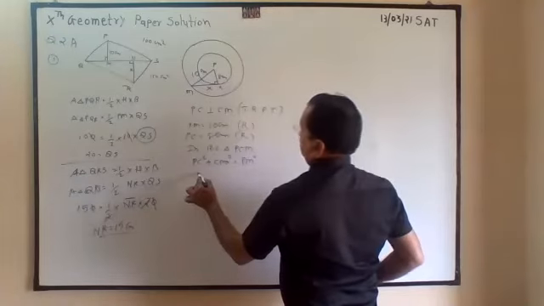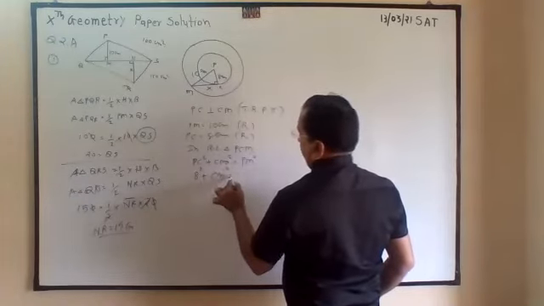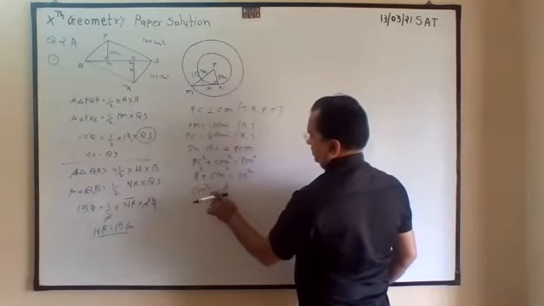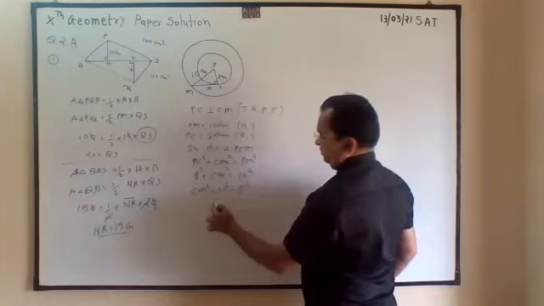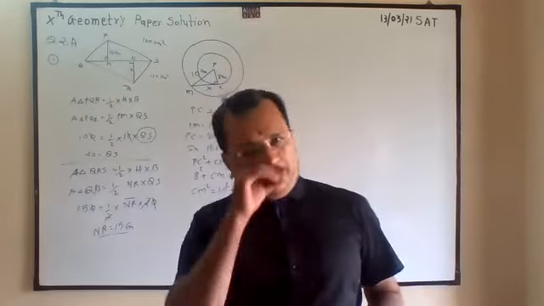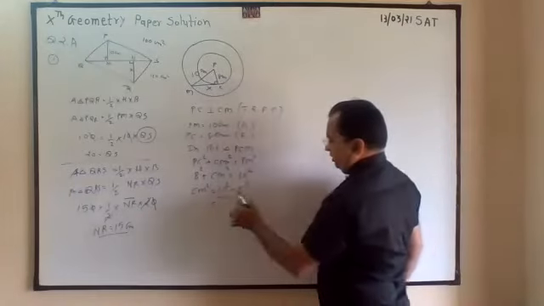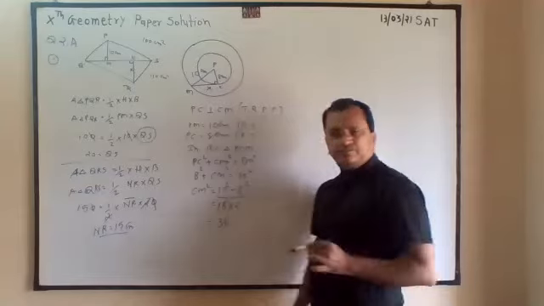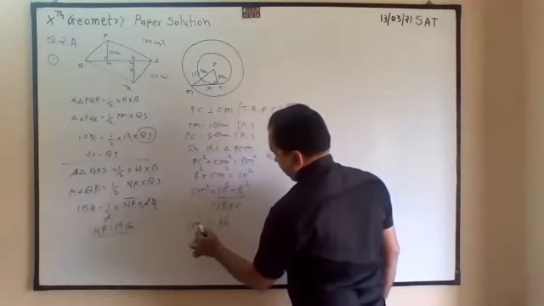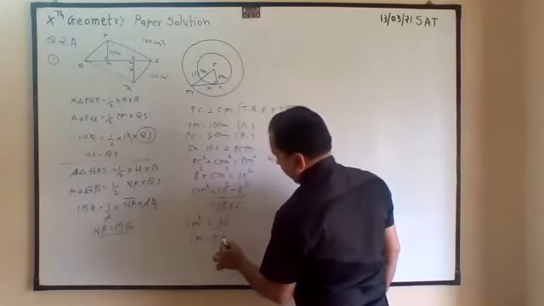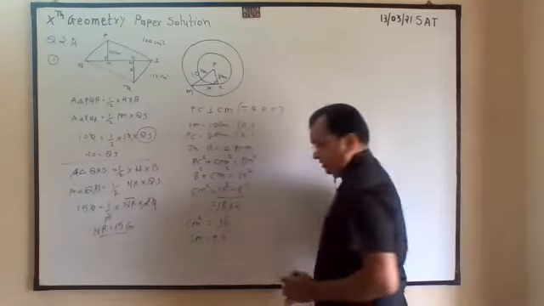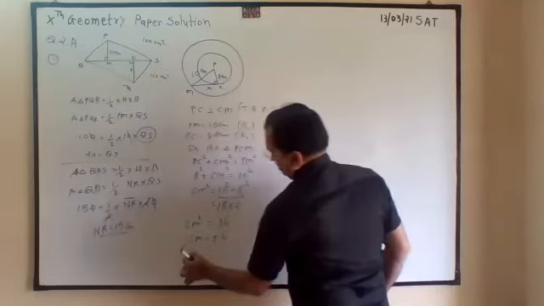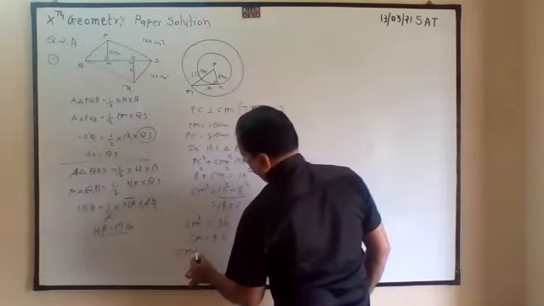So PC square is 8 square, CM we want, and this is 10 square. CM square is 10 square minus 8 square, a square minus b square. So always (a plus b)(a minus b), one time plus, one time minus. So CM is equal to plus or minus 6, but it can be positive also, negative also. This is a distance, always positive.